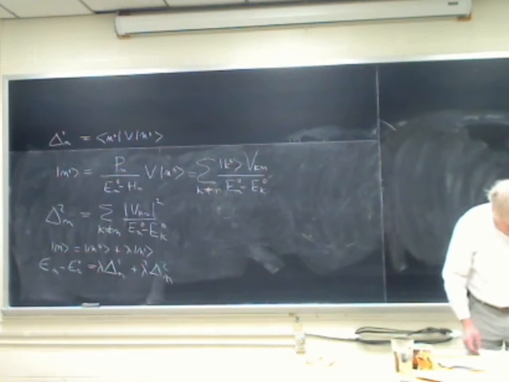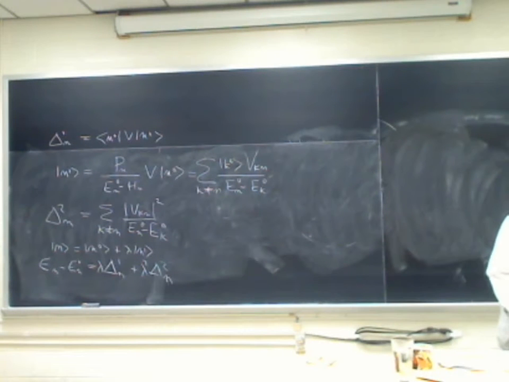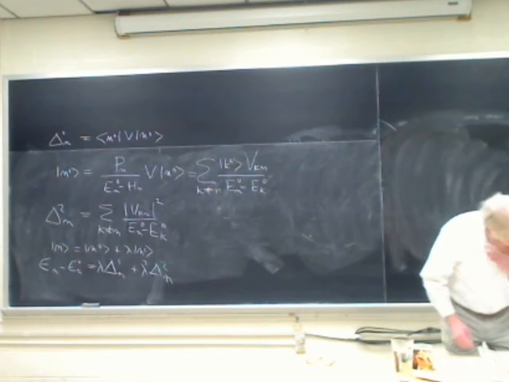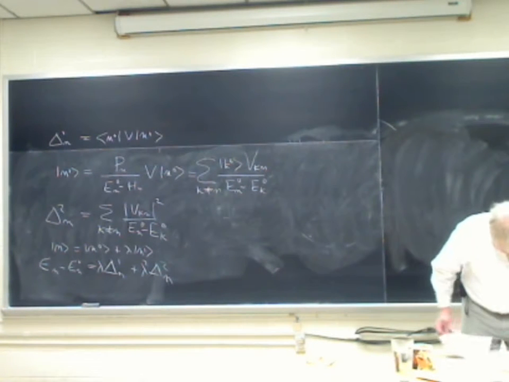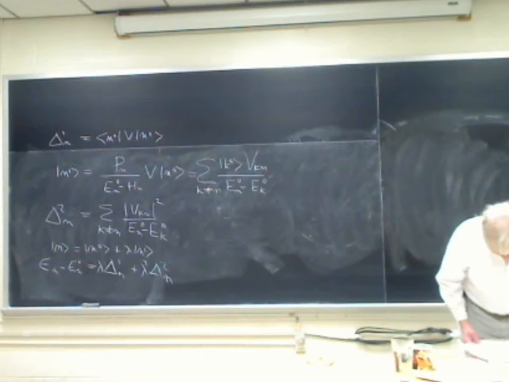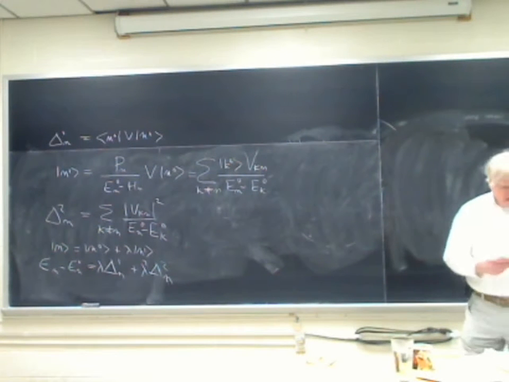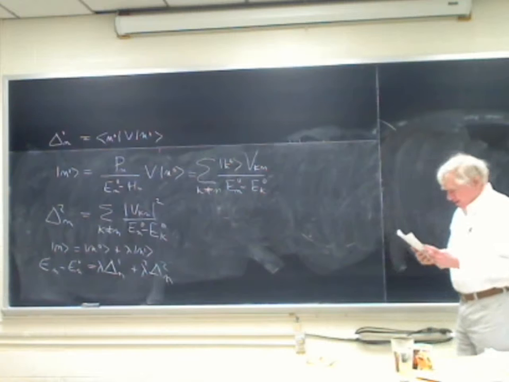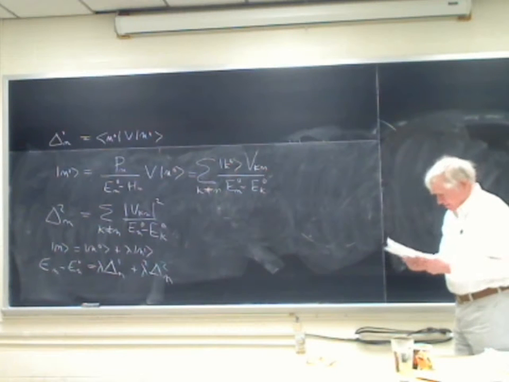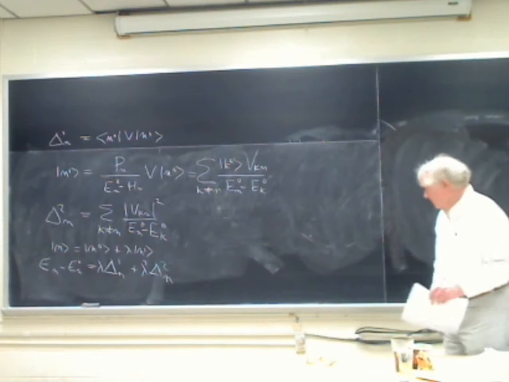Okay, so that's our review of non-degenerate perturbation theory, and we want to apply that to an example. We were doing the quadratic Stark effect on the ground state of hydrogen.